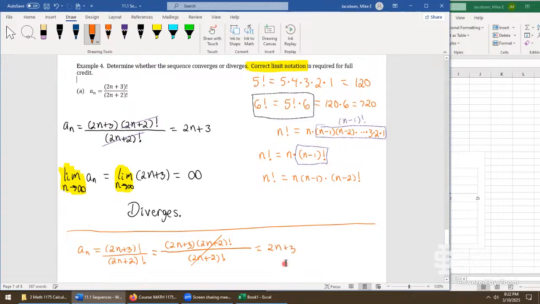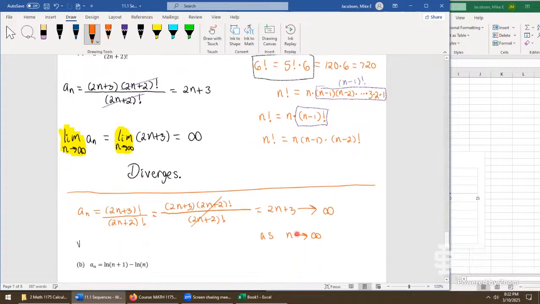We can make this correct limit notation, but here is the other stylistic way to show that. We'll say that this diverges to infinity as n itself is running off to infinity. So this is a different view of the so-called correct limit notation.